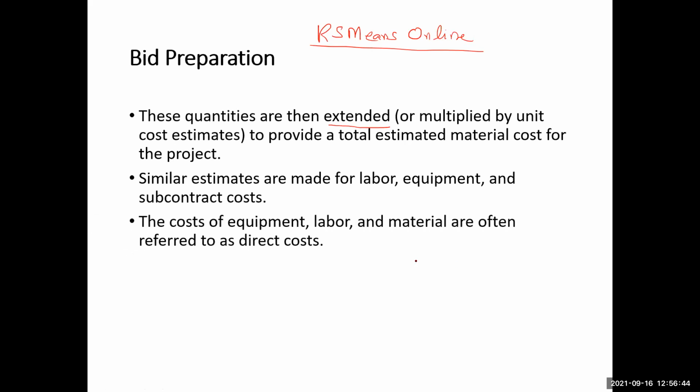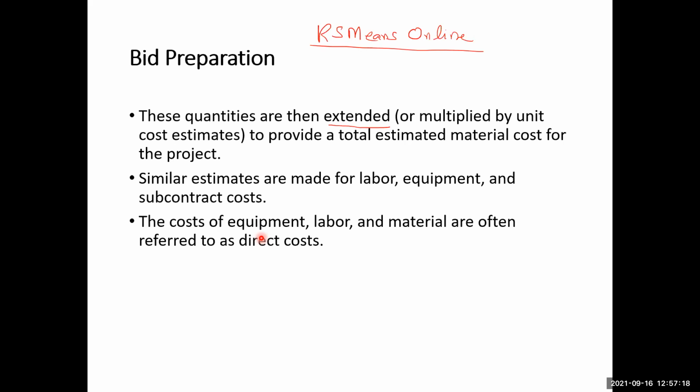The costs of equipment, labor, and material are often referred to as direct costs. Okay, so whatever is the cost of the labor, that means the labor who is directly working on the job. So, for example, mason, okay, bar bending labor, carpenter, okay, and other laborers who are directly working on the project.